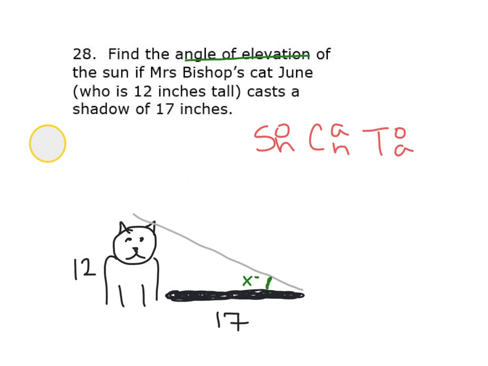So on question 28, we're looking for the angle of elevation. If we're looking at Mrs. Bishop's cat June, who's 12 inches tall and is casting a 17-inch shadow. So here I've already set up the picture, and I have my trig function, SOHCAHTOA, written out.